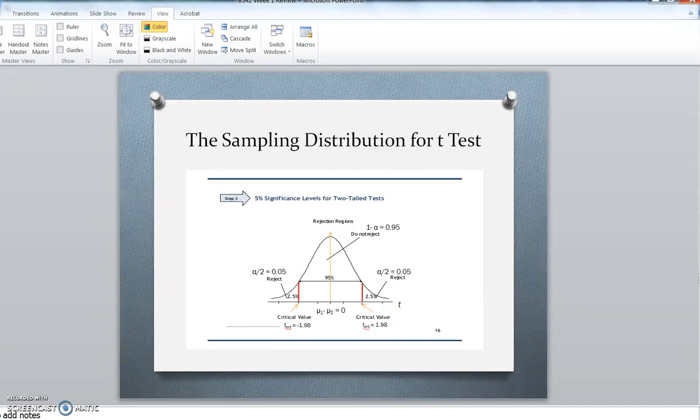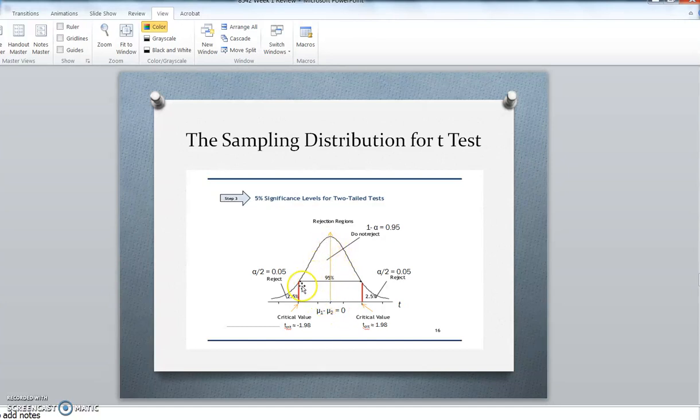Each sample we take will have a difference between the two sample means. And the difference between the two sample means, if the null hypothesis is true, if in fact the two populations have no difference, will be most likely to be close to 0 when you compare two sample means.